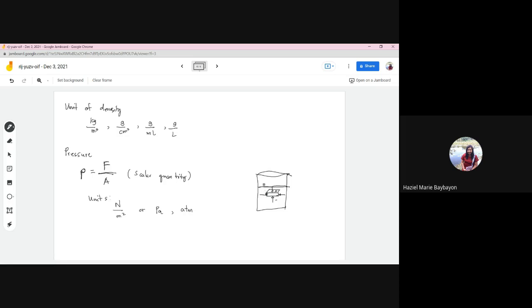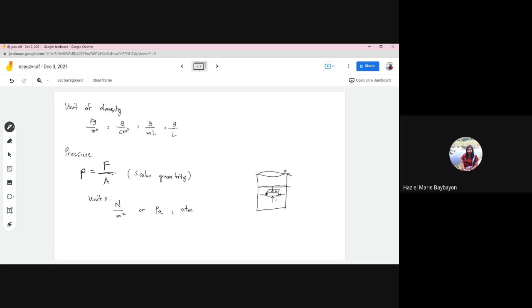If you have noticed, when you go to the bottom of the water, your eardrums feel painful. It is actually due to the force exerted by the fluid, or the water, towards you. Okay? So as you go down, the change in pressure increases.